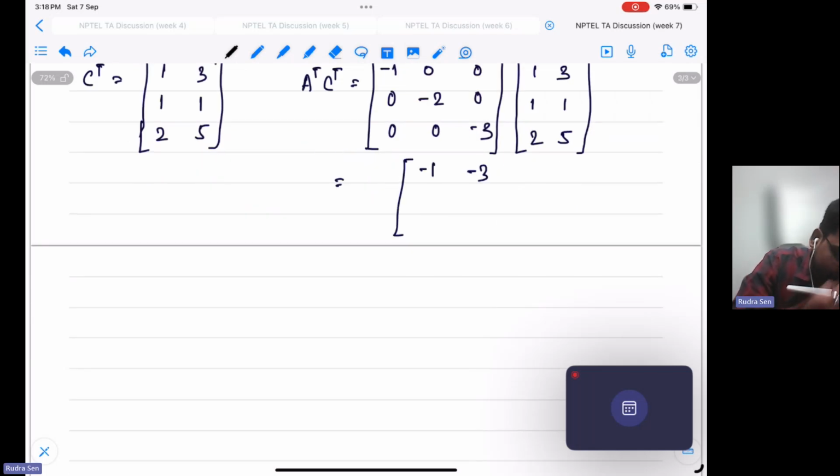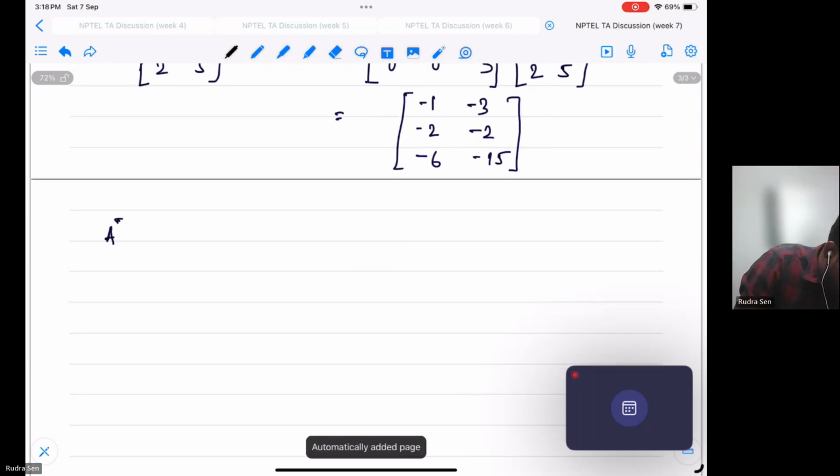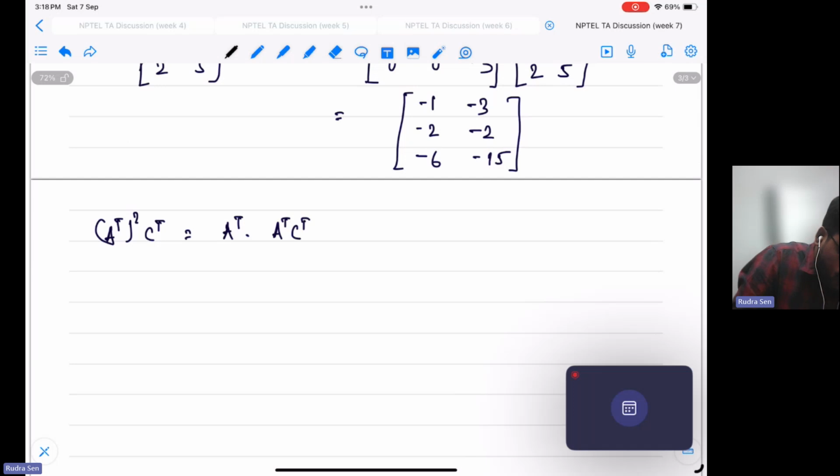-1 -3, -2 -2, -6 -15. This is A transpose C transpose, and then A transpose square C transpose, which means A transpose into A transpose C transpose.